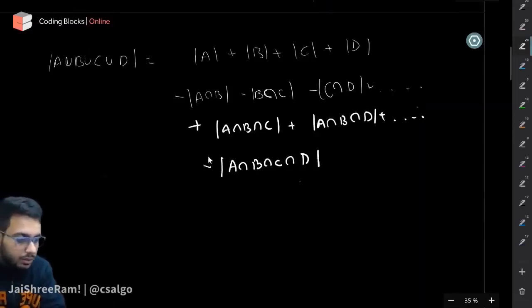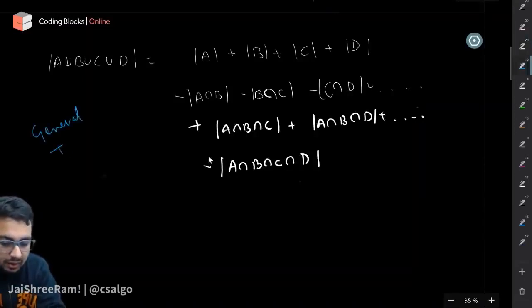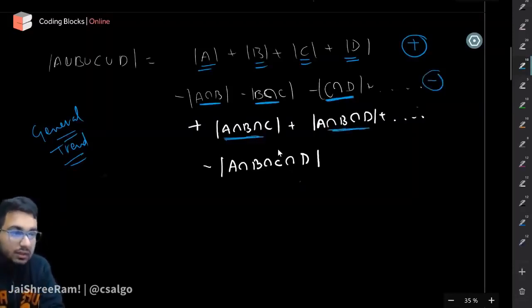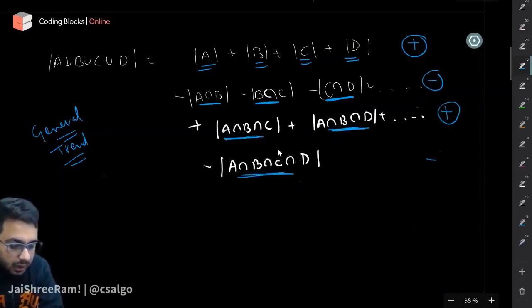So if you observe this general trend, what is the general trend? The trend is like this: if you are combining an odd number of sets, then the sign would be positive. If you are combining an even number of sets, like in this case, the sign would be negative. If you are again combining three sets, then the sign would be positive. You are combining four sets, the sign would be negative.